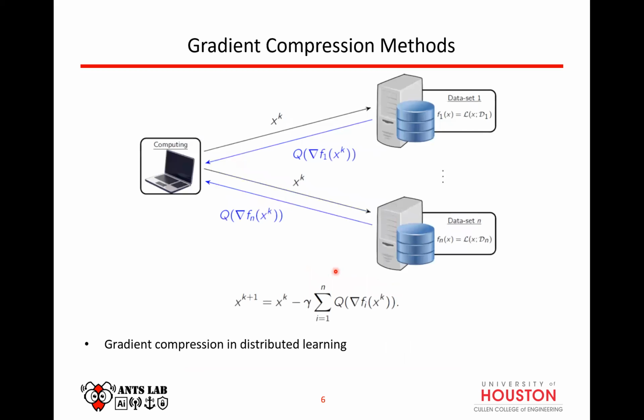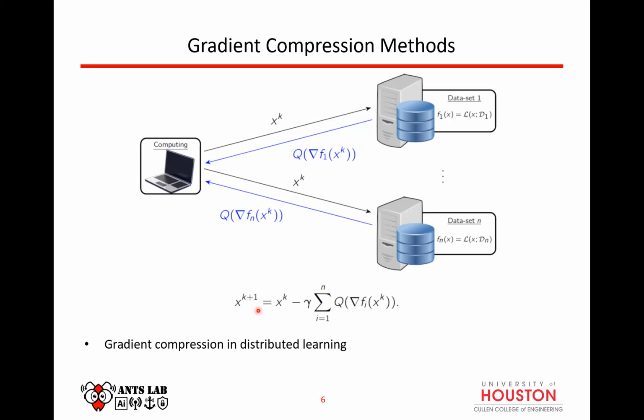The other set of compression for communication bottleneck reduction directly targets the gradients instead of the weights. You compress the gradients and send the gradient updates to the server, where the server aggregates the gradients and then computes the global model accordingly. This whole process continues until convergence.